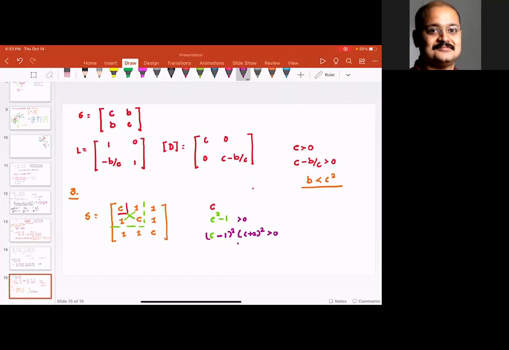These are the conditions for positive definiteness. We need the determinant of the first matrix, which is just C; the second matrix, C, 1, 1, C; and the 3 by 3 matrix, C, 1, 1, 1, C, 1, 1, 1, C. That gives you the conditions for positive definiteness.